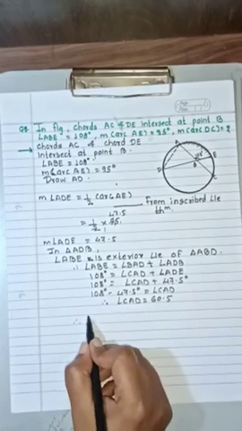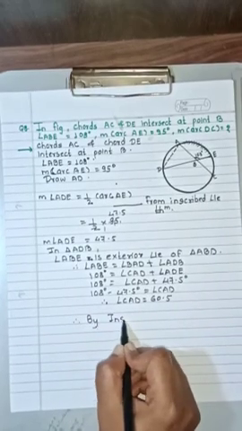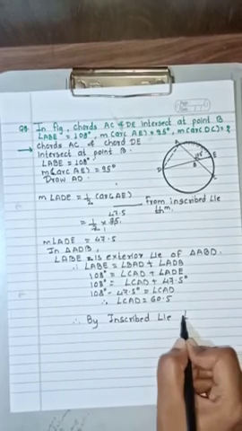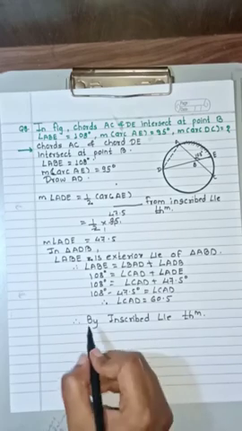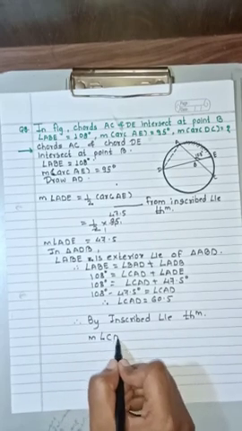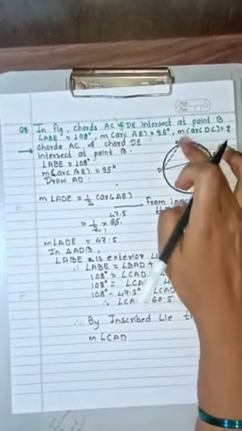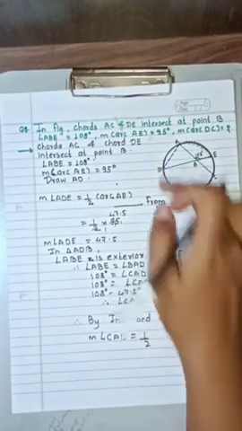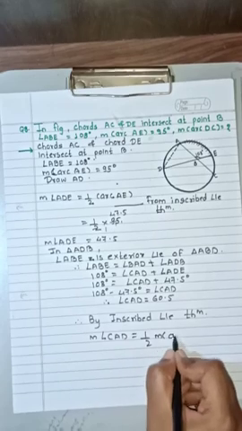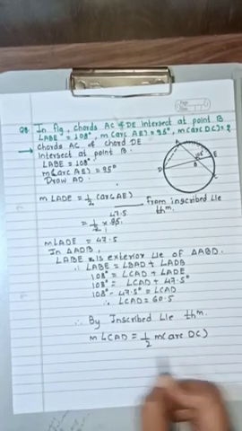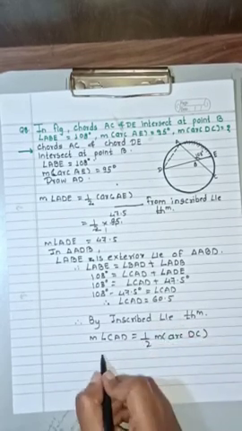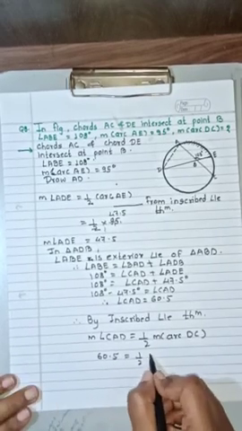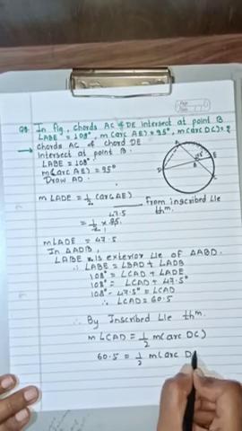Now by the inscribed angle theorem, measurement of angle CAD, if you see this angle CAD, that is equal to half of measurement of arc DC. Now you know measurement of angle CAD, that is 60.5, is equal to half of measurement of arc DC.